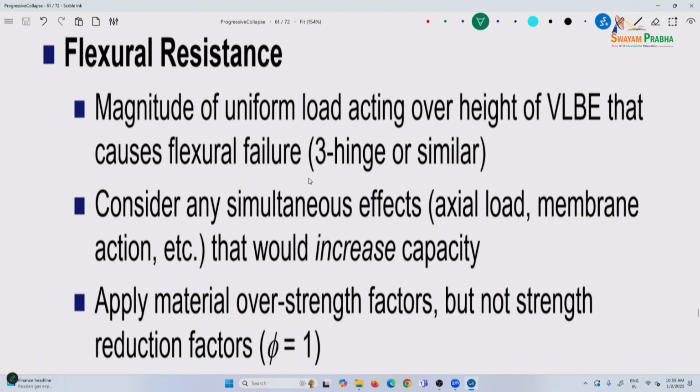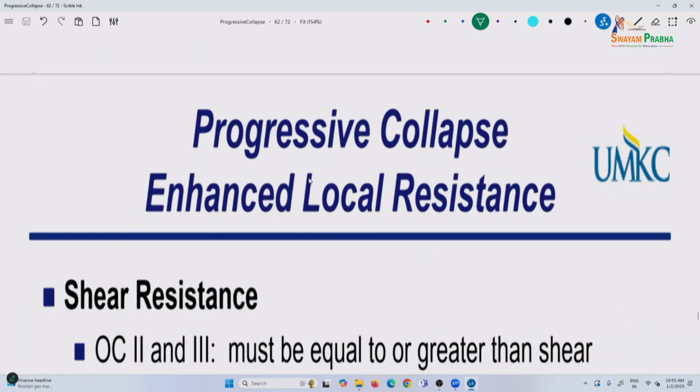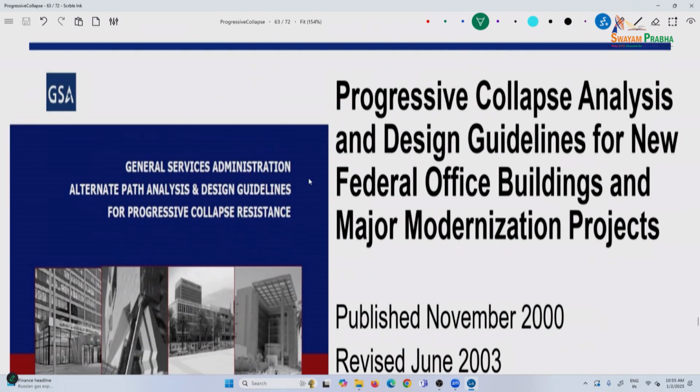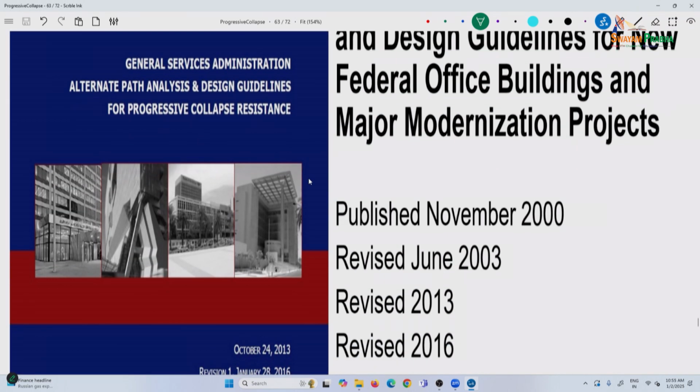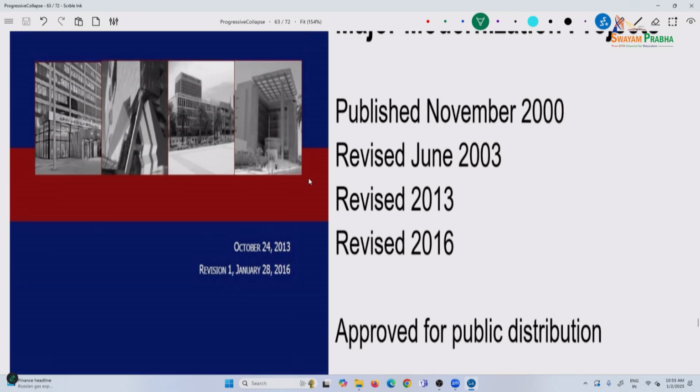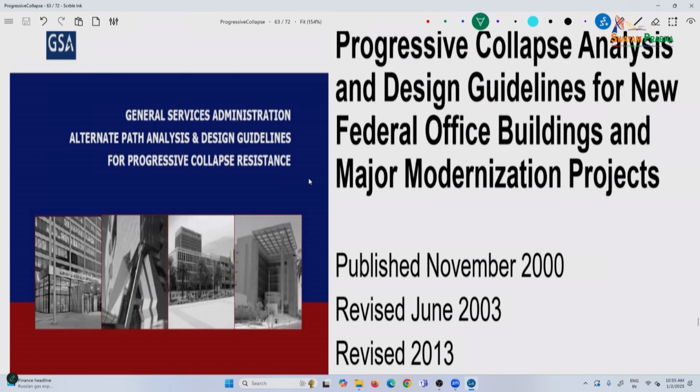A lot of these are ASCE 41 criteria. So, the book you can download, there's an entire book by the GSA, I do not know if it is available for download or purchase, for alternate path analysis and design guidelines.